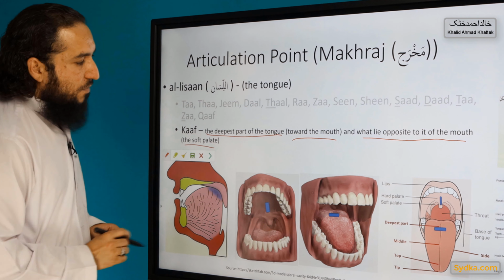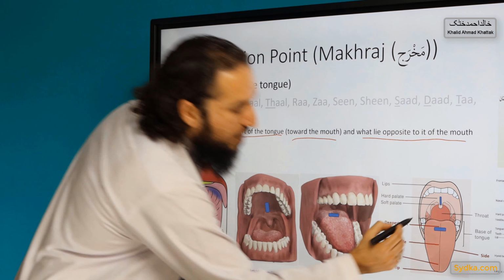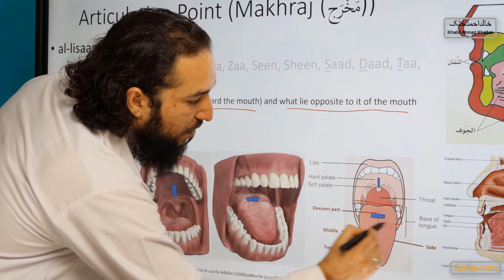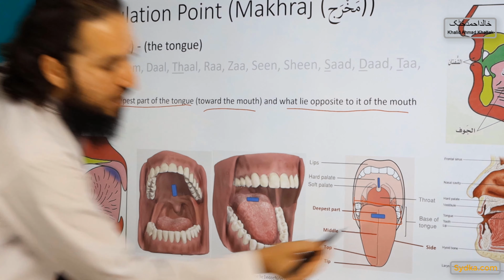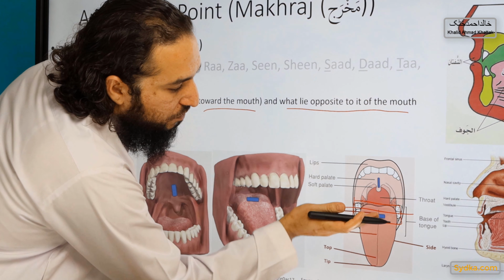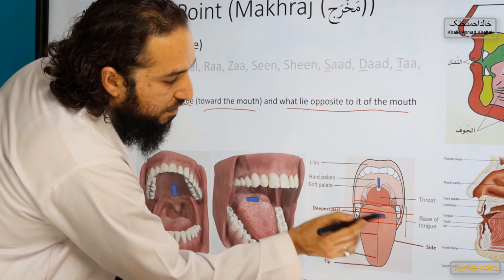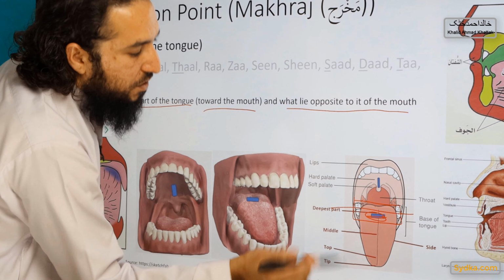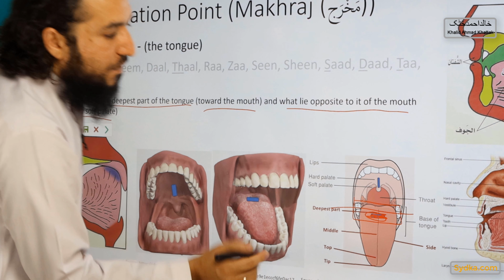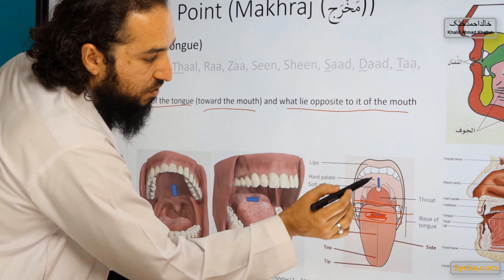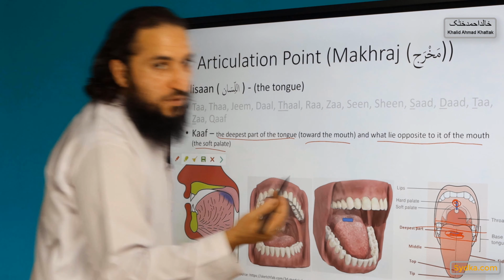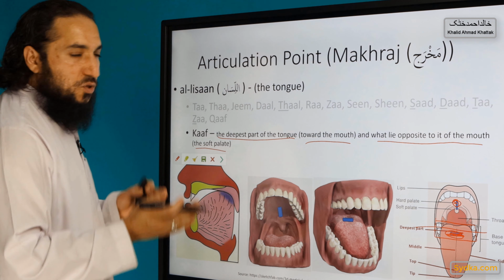So the deepest part of the tongue, if we divide this into two, this side is towards the throat, and this side is towards the mouth or towards the teeth. We will be using this side, and this is going to touch what is opposite to it of the roof of the mouth, which is the soft palate, but towards the hard palate.